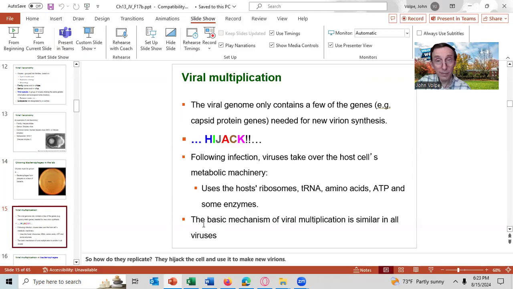So what happens is the virus infects the host cell, takes over the host cell's metabolic machinery, using the host cell's ribosomes, tRNA, amino acids, ATP, some of the host cell enzymes to replicate the virus. The basic mechanism of viral multiplication is similar in all viruses.